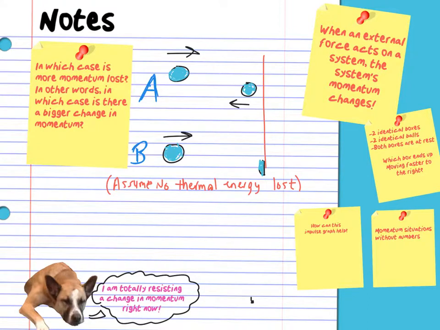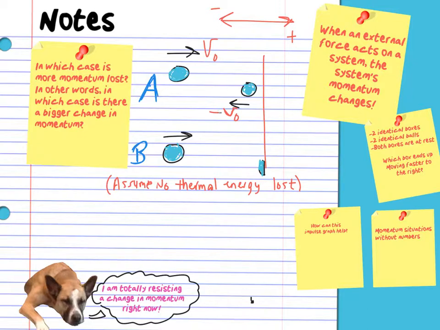So in essence, it's moving with an initial velocity of v naught, and it's coming back at the same speed v naught. But when you talk about momentum, direction is a biggie. You have to pay attention. So we're just going to go for, in a number line, this is the positive direction, this is the negative direction.